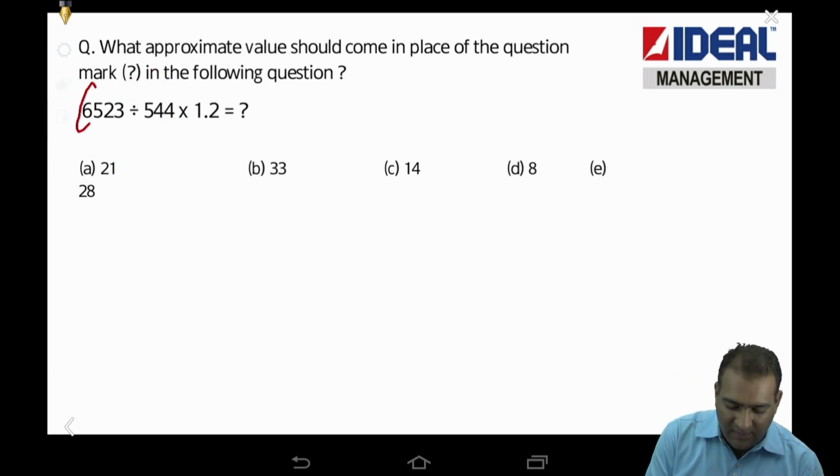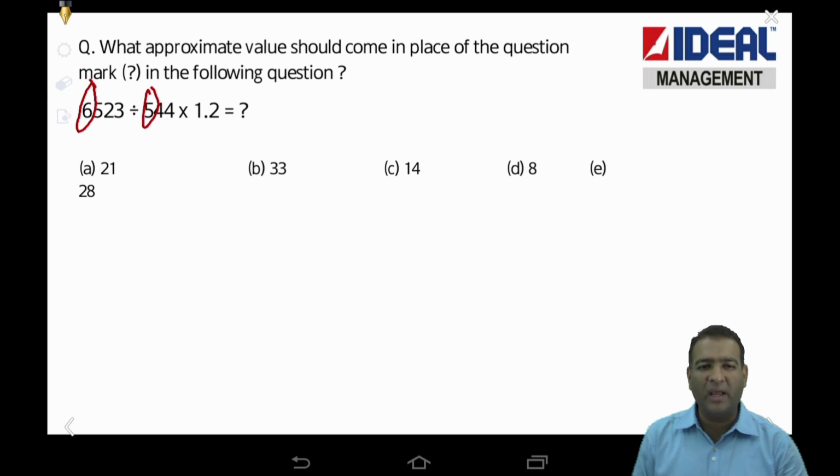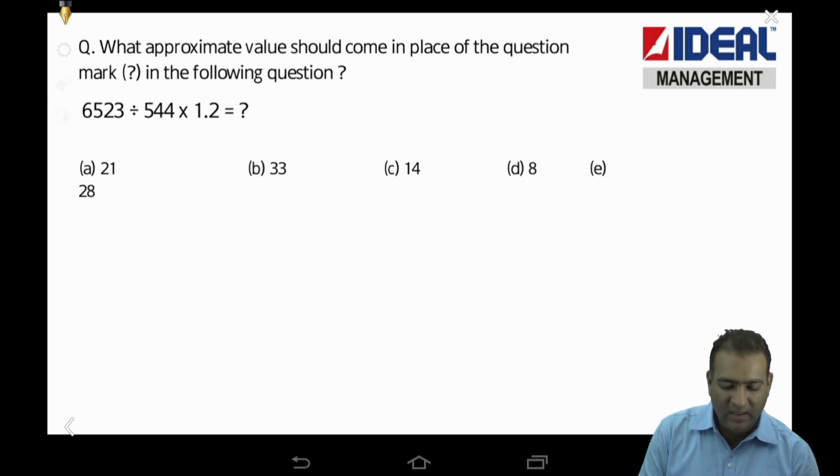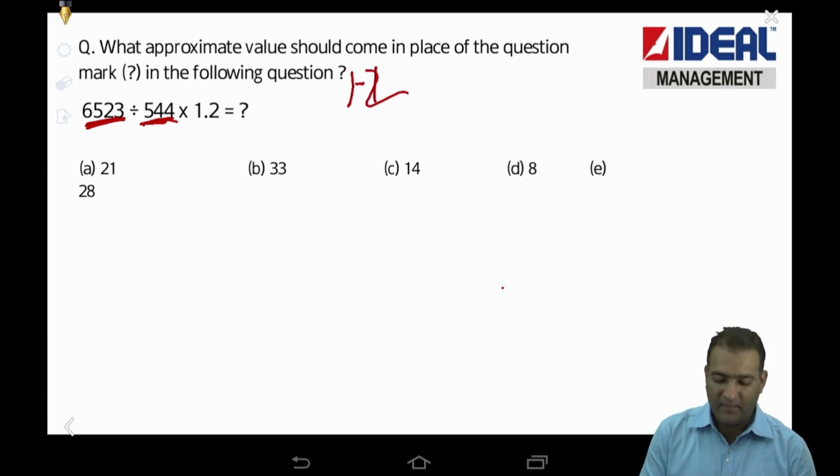So just divide this by the first number, and 1.2, 1.5 or something like that will come. I hope you understand this, so it's going to be 1.1 or 1.2, not more than that.